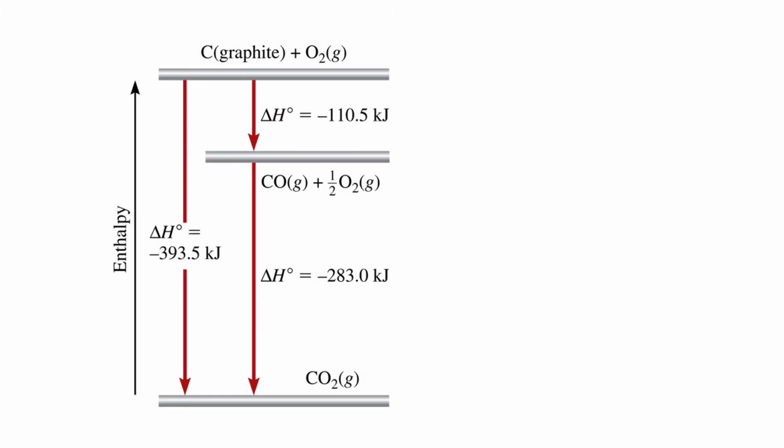All right, so now we're going to take a look first at the direct method of calculating the standard enthalpy of a reaction using the heats of formation. But we're going to take a look at this graph first. So, of course, this is enthalpy, and we have graphite plus O2 gaseous.